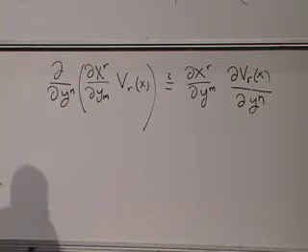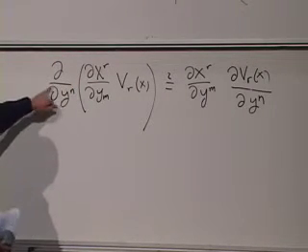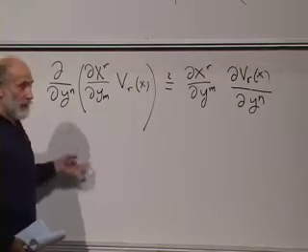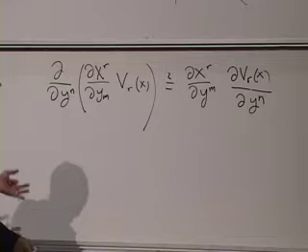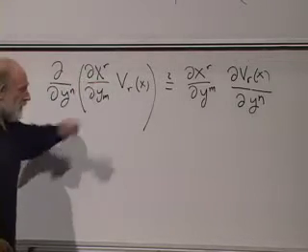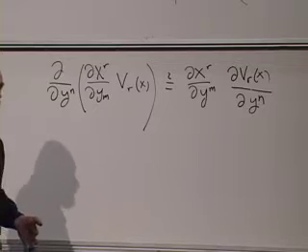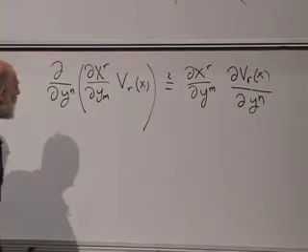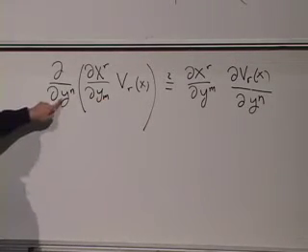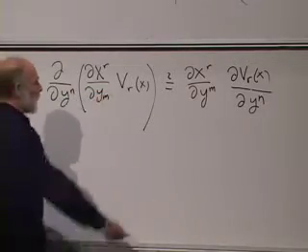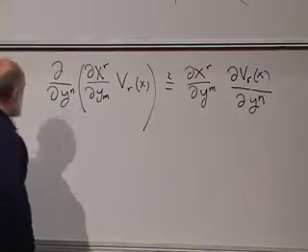Okay, well, let's look at it. We have here the derivative of a product. The derivative of a product is the sum of two terms, just the usual rule: the derivative of a times b is a times the derivative of b plus b times the derivative of a. And so first of all, this derivative can hit v. That will give me a term which looks exactly like this.